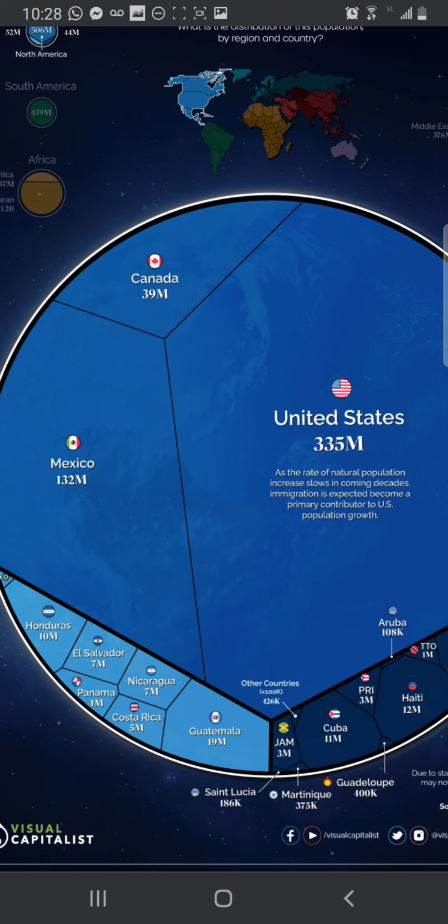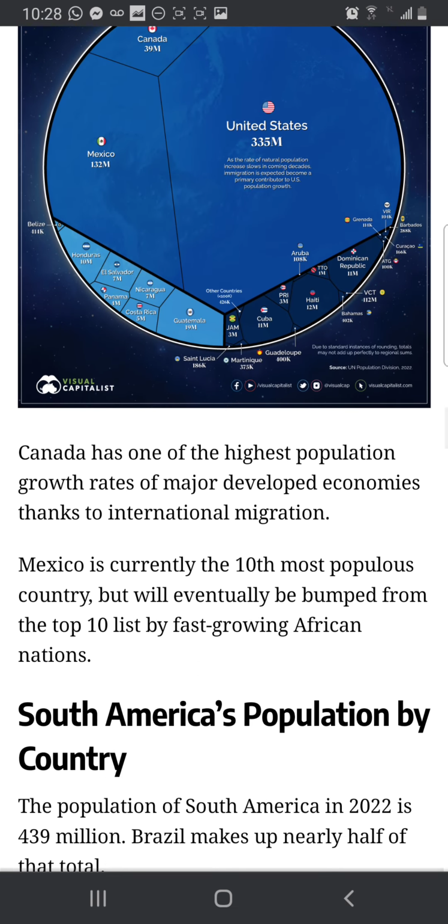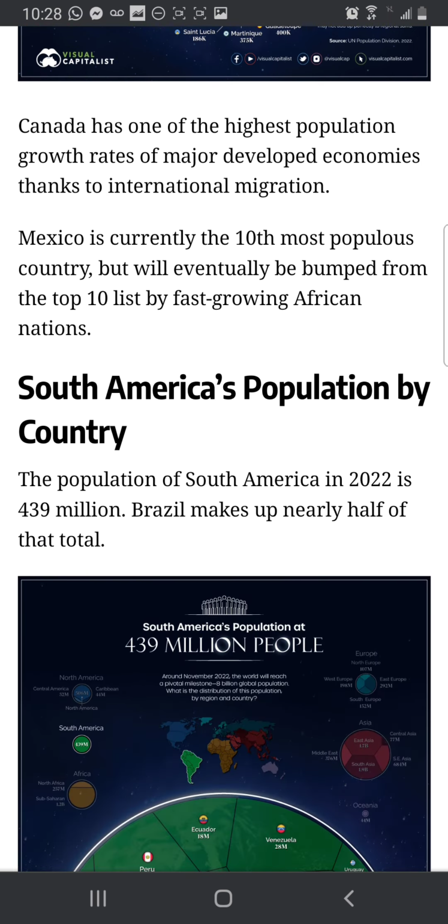But yet it doesn't even have 45 million people in the entire country. Canada has one of the highest population growth rates of major developed economies thanks to international migration. Yeah, ever since after COVID.